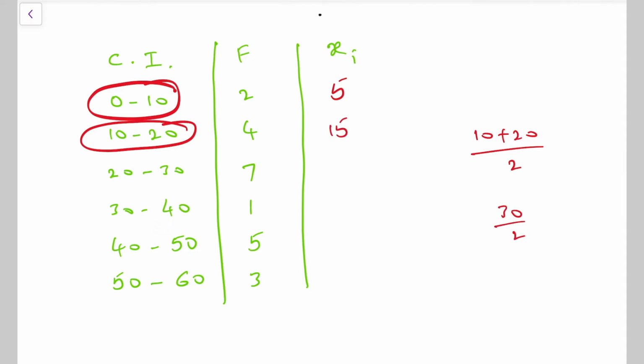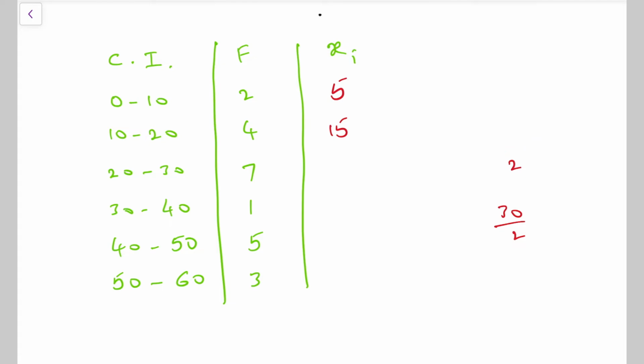So now if we observe the pattern, we will write the remaining all without any calculation. For 5, if we add 10, we will get 15, right? So continuously keep on adding 10. 15 plus 10, 25. 25 plus 10, 35. 35 plus 10, 45. 45 plus 10, 55. So these are the class marks.